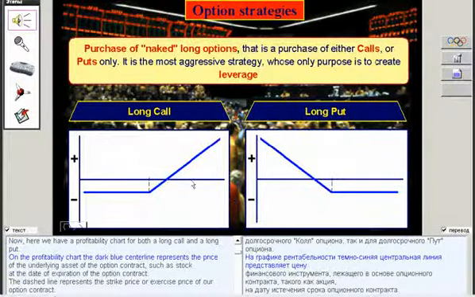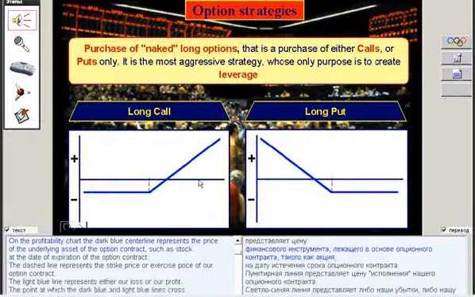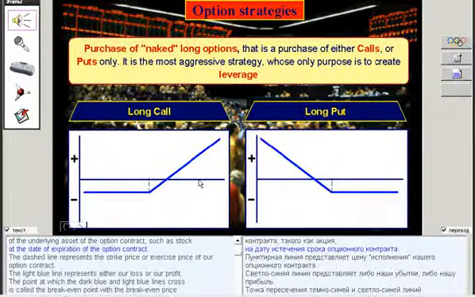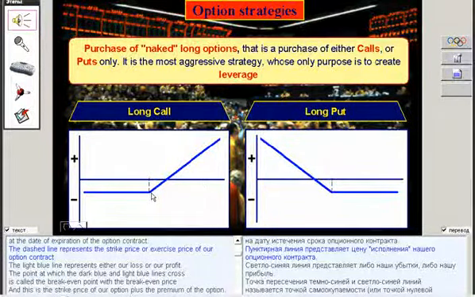Now, here we have a profitability chart for both a long call and a long put. On the profitability chart, the dark blue center line represents the price of the underlying asset of the option contract, such as stock, at the date of expiration of the option contract. The dashed line represents the strike price or exercise price of our option contract.